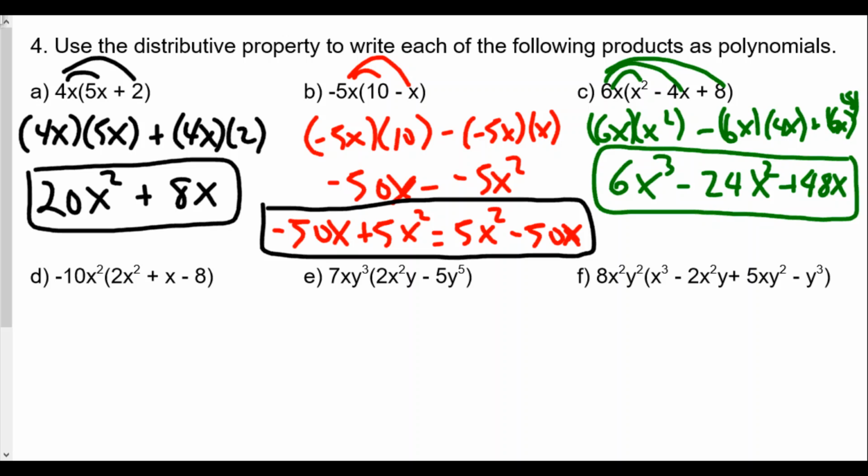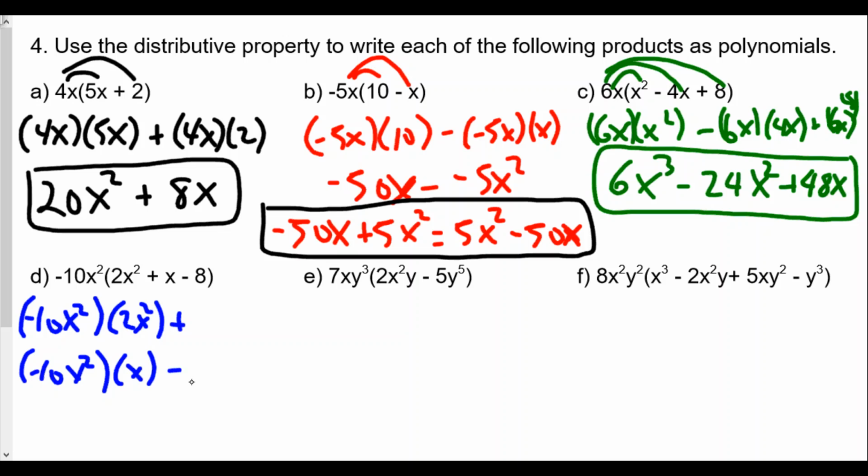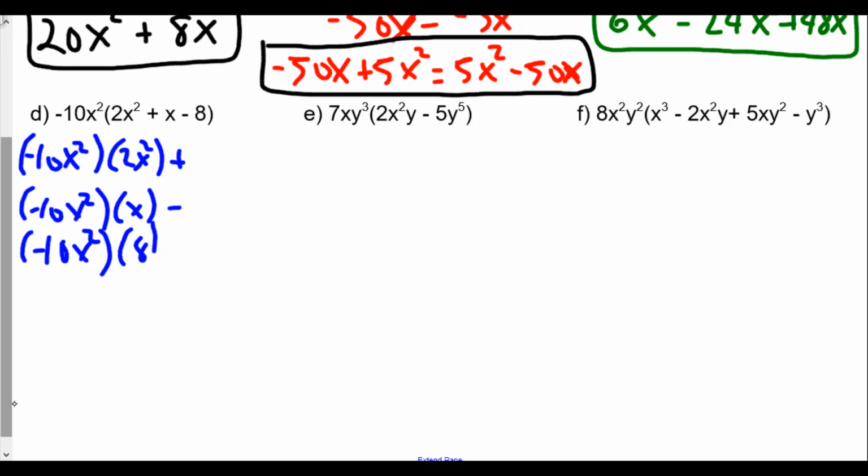All right, let's continue. Now we'll have our negative 10x squared times our 2x squared, plus, and I'm going to write down here, negative 10x squared times x, minus negative 10x squared times 8. Again, if you do plus negative, it's the same thing. So negative 10x squared times 2x squared gives us negative 20x squared.